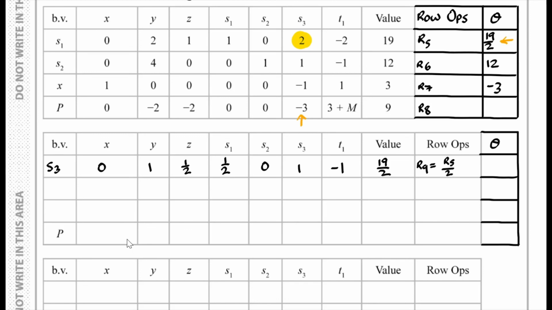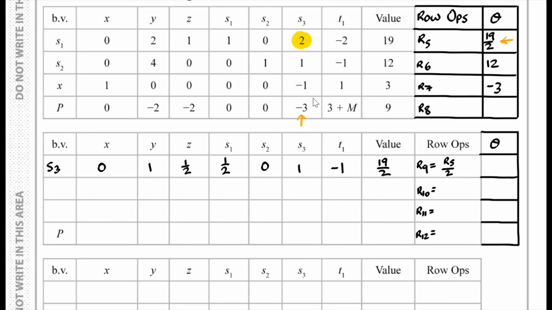Then for row 10, row 11 and row 12, we would have to add and subtract multiples of our pivot row, of this row 9.